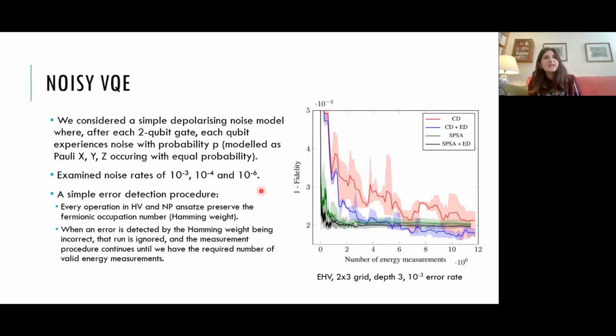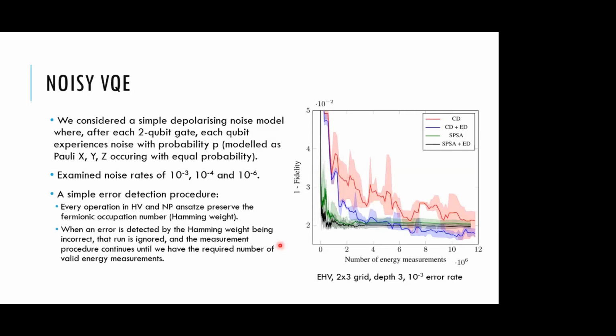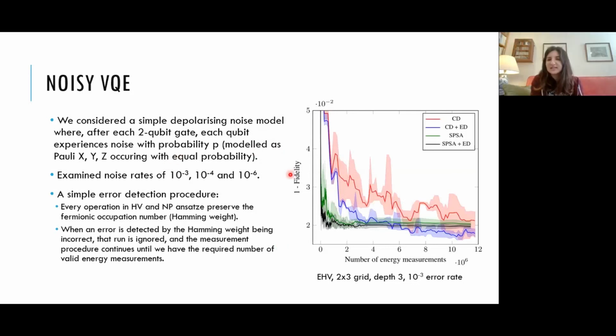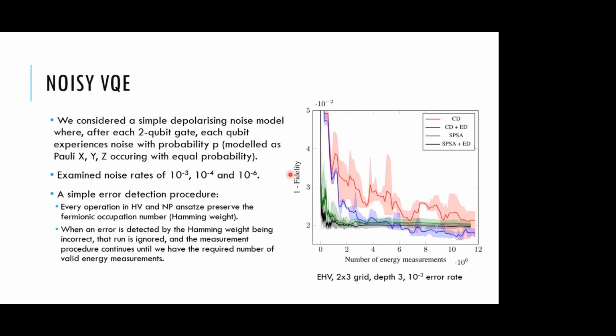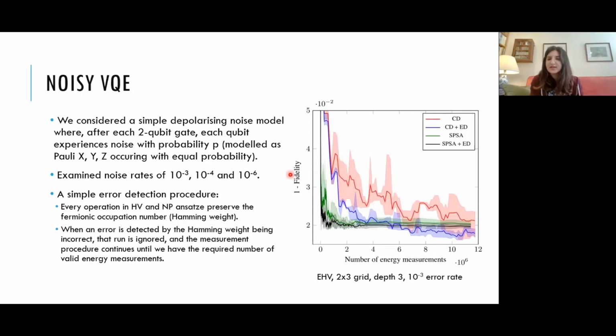I don't think we logged what errors had occurred. It was more just after every gate, applying this noise model. Right, because sometimes you would apply the identity and there'd be no error. Yeah, so it would be really interesting to see logging what errors occur and how it spreads out.